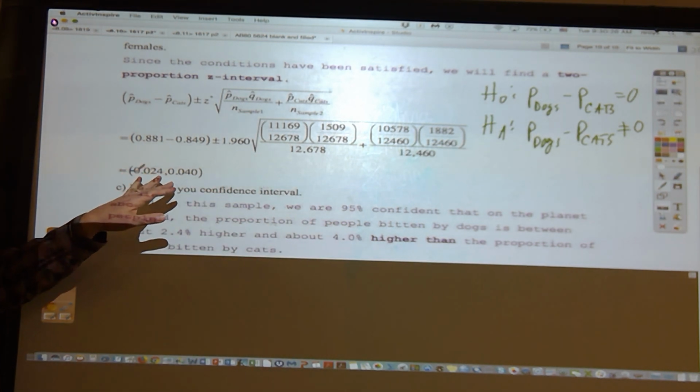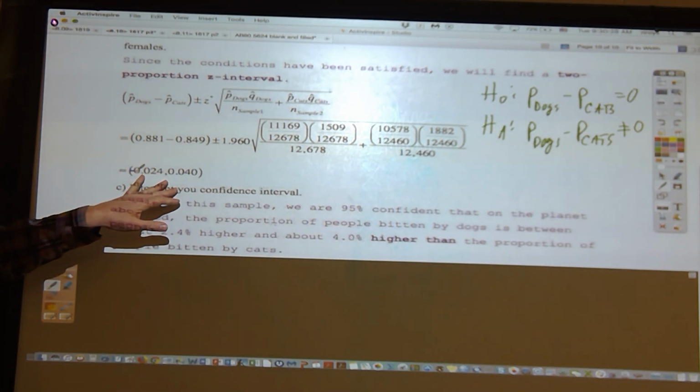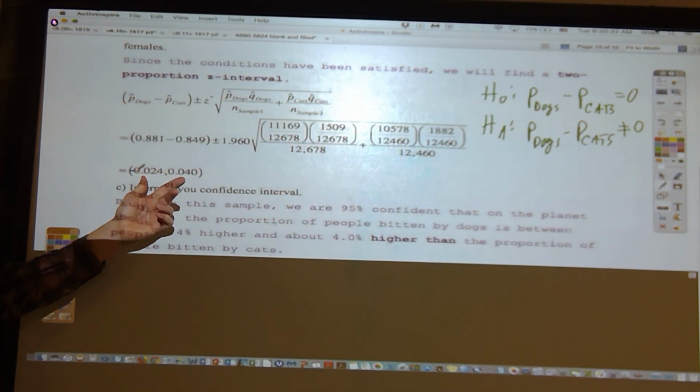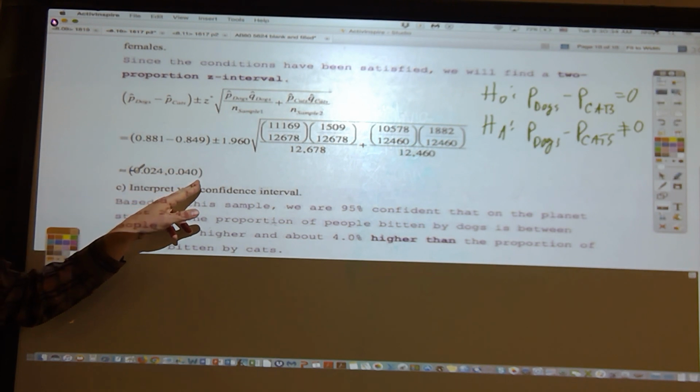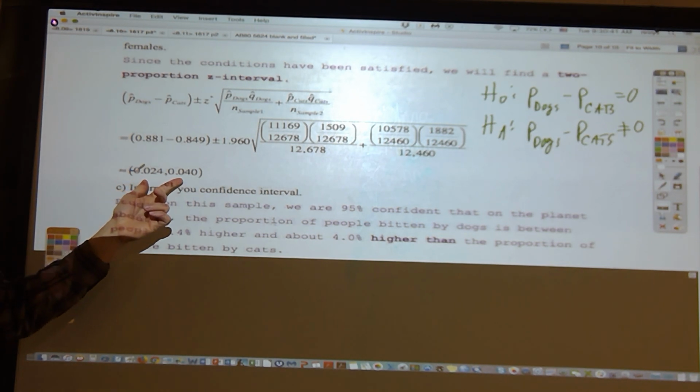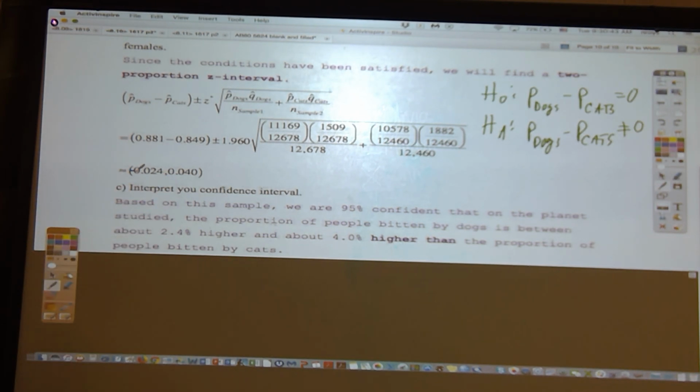That would have been a case where the interval does contain the hypothesized value, therefore fail to reject. Had one been negative and the other positive, then 0 is between the endpoints and it would have been fail to reject. But because 0 is not between them, it's not a negative 0.024, it's a positive 0.024.